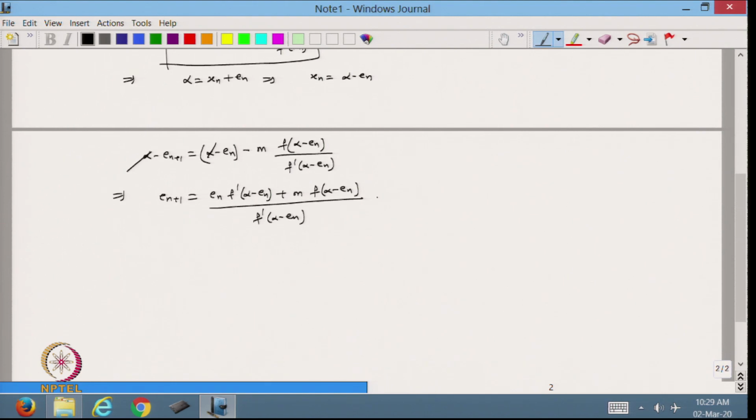Now, because my function is differentiable, I can apply Taylor's expansion.